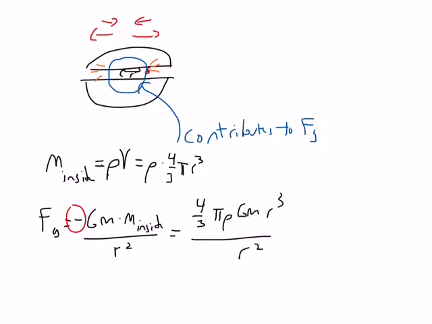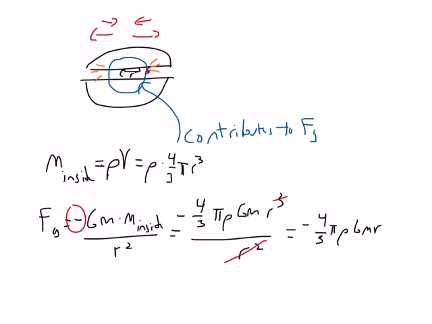We notice there's an r cubed over an r squared, so we cancel the r squared and the powers of r in the numerator, and we're left with negative 4/3 pi rho G m r.